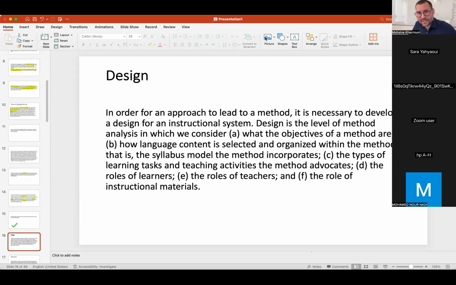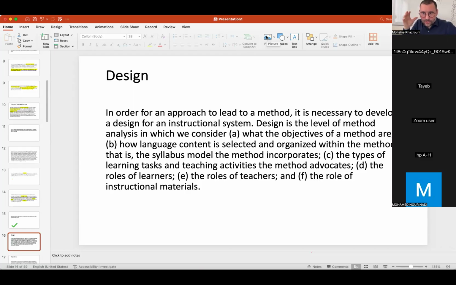So, language theory explores how language is structured and used to communicate meaning. And for example, Chomsky's language theory suggests that humans have an innate ability to learn language.